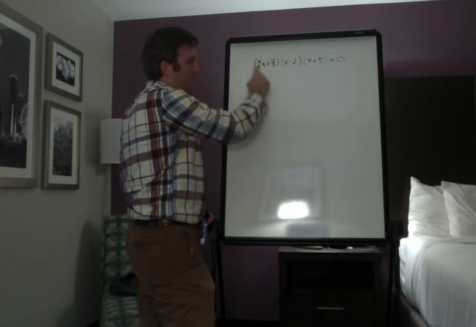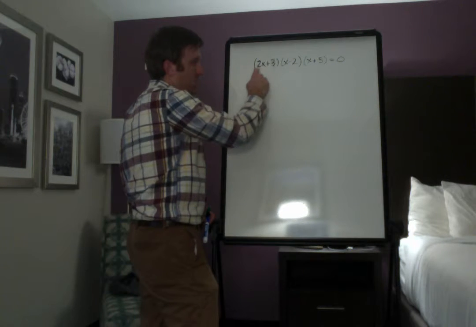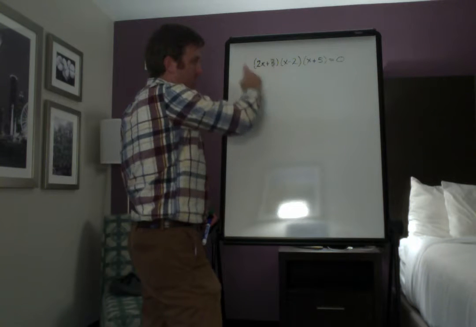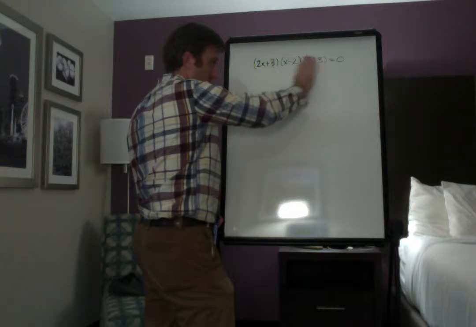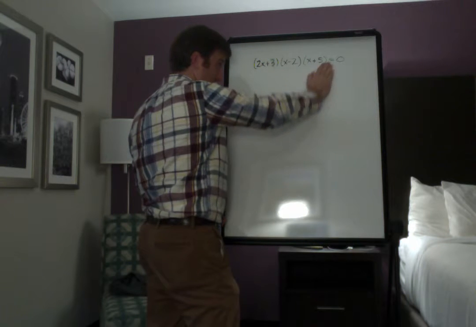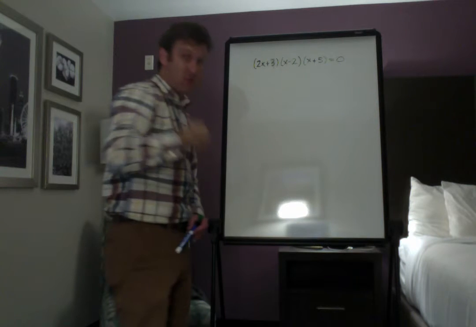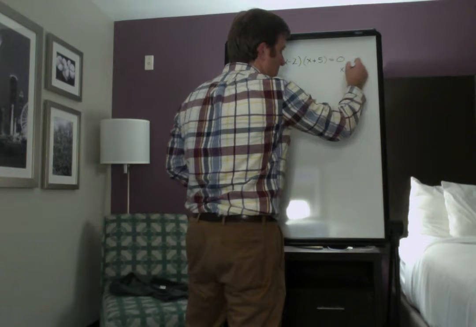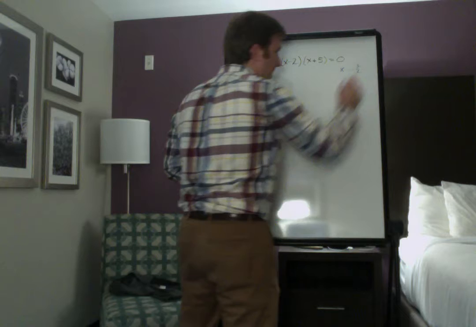Because if I put negative 3 halves here, times 2, that makes it negative 3, plus 3 is 0. When this whole binomial is 0, it doesn't matter what these two things are because I'm multiplying. It's going to make the whole left side into 0. Okay, so one of my zeros is x equals negative 3 halves.